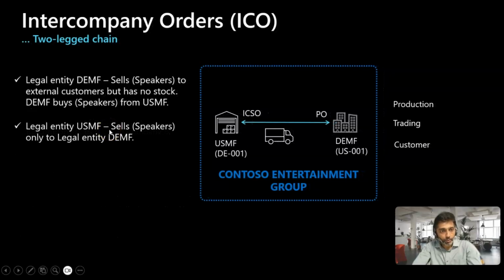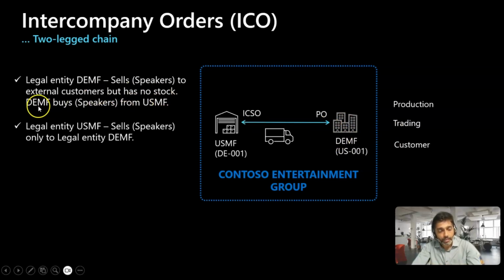And for this demo, let's say this is the use case which we are going to see right now: the legal entity DEMF sells speakers to external customers but has no stock. For example, DEMF is selling speakers to external customers, maybe retailers or wholesalers, but they don't have stock.